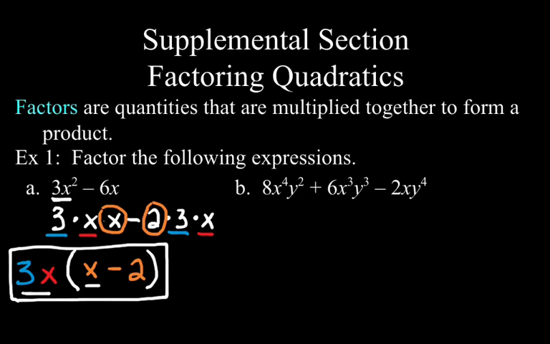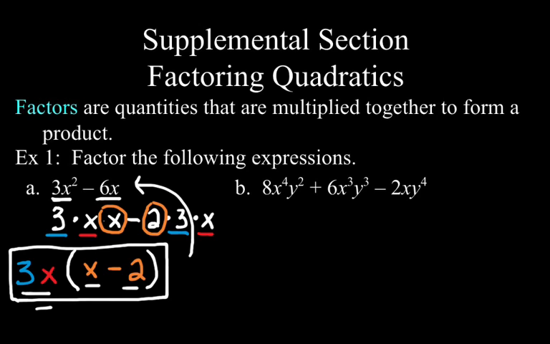When we take the second term, the negative 6x, and divide by the 3x, what we have left is 2. So if you ever want to check your factoring out of a greatest common factor, you can take your answer and distribute back through and make sure that you get back to the exact same answer, which you should.